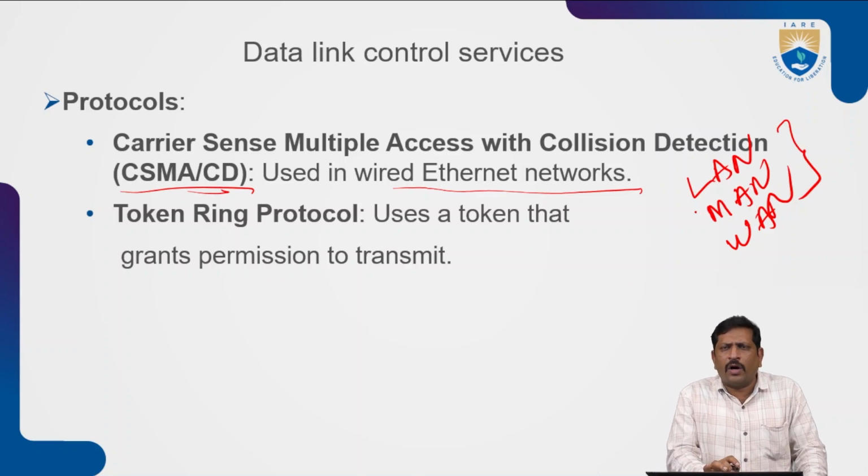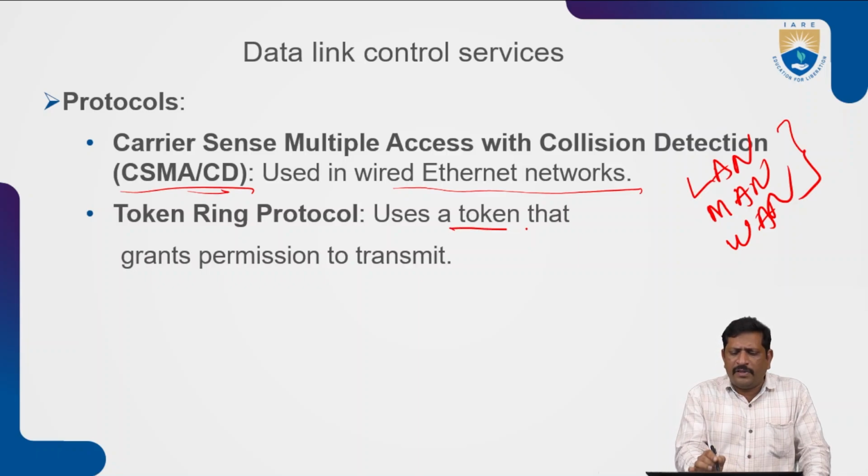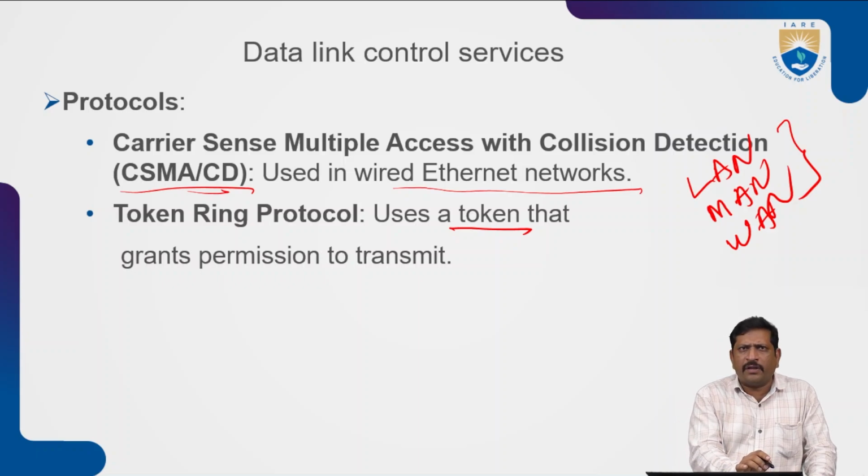Token ring is another protocol. A token means a collection of packets. While transferring a collection of packets, the data is sent in the form of tokens from the sender to the receiver. In this situation we can use the token ring protocol.